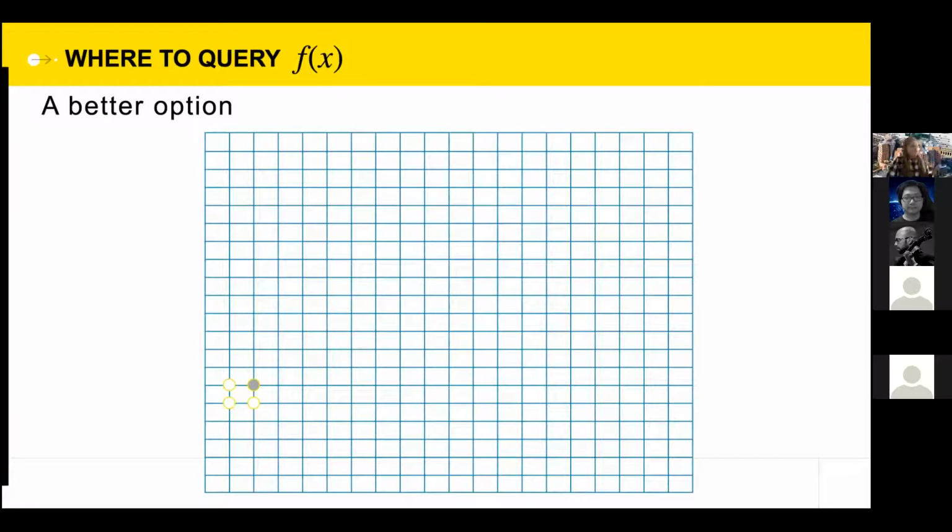Now, because of this sign change, I know that the boundary of the swept volume must cross some edges in this cell. In particular, it must cross these edges, right? In these edges, there's a negative value in one endpoint and a positive value in the other endpoint. So there must be a 0 somewhere in the middle, which means that the boundary of the swept volume crosses those edges. So I'm going to highlight them in red and call them the interesting edges from now on.